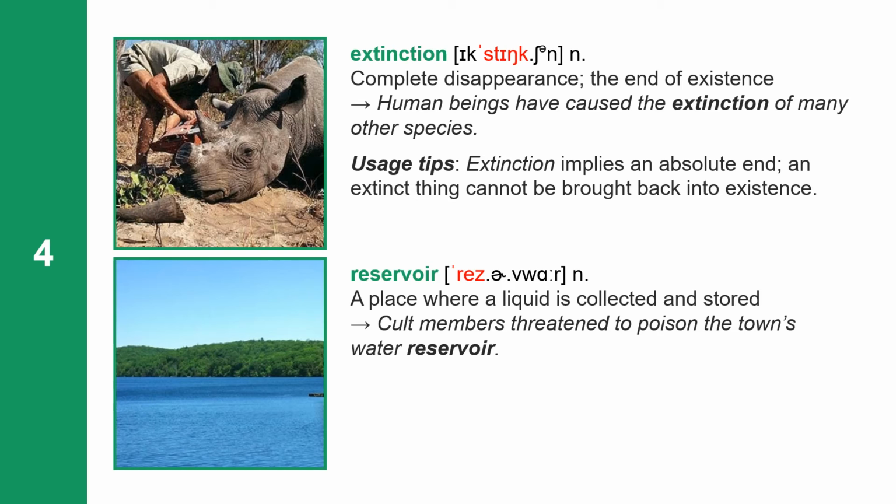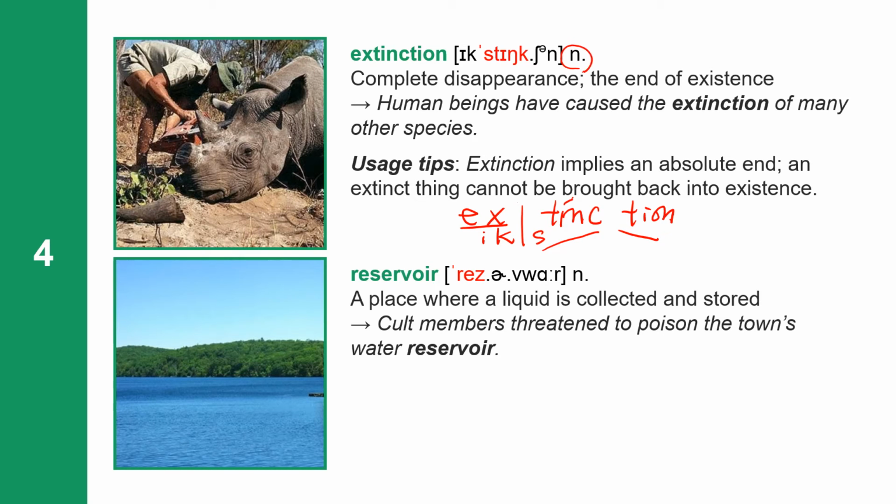Next word, extinction. Extinction has 3 syllables, E-X-T-I-N-C-T-I-O-N. And this sounds like X. So here, extinction. Accent on the second syllable, stink. Extinction.